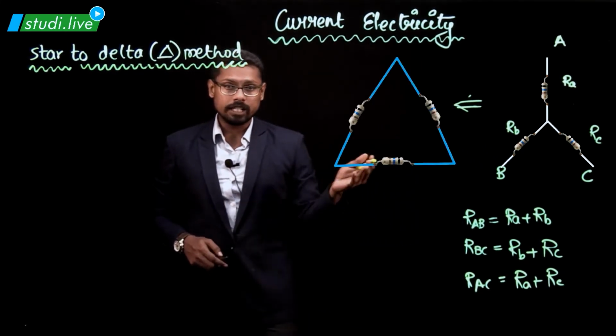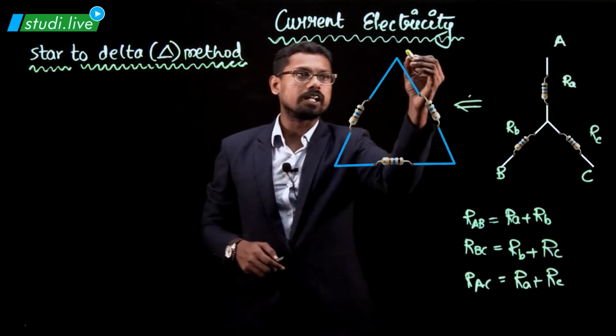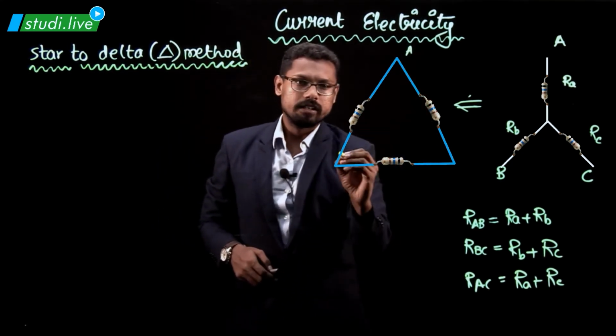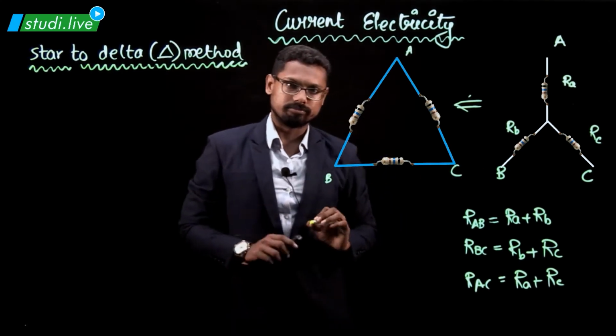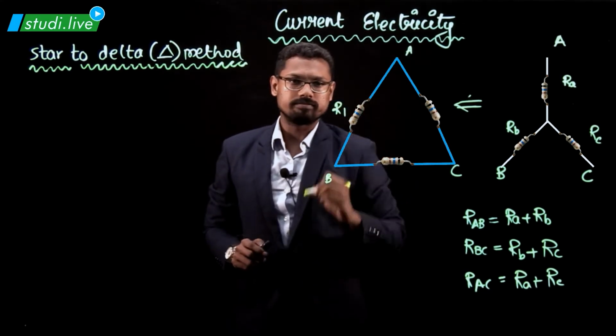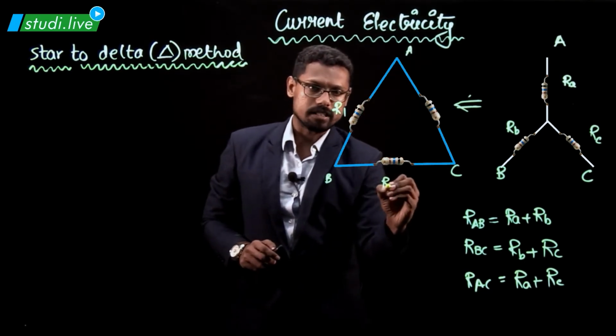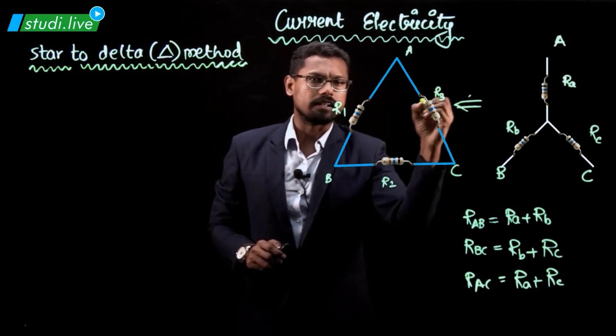What does the delta network look like? This again has three vertices. Let me name this point as A, this point here as B, and this point here as C. I'll call this resistance R1, this resistance here R2, this resistance here R3. Let me write it nicely.